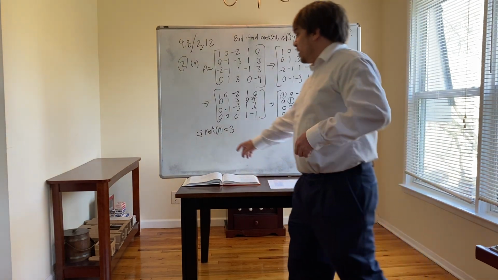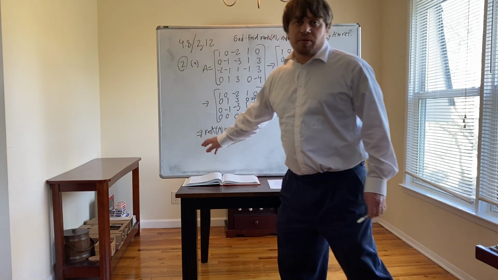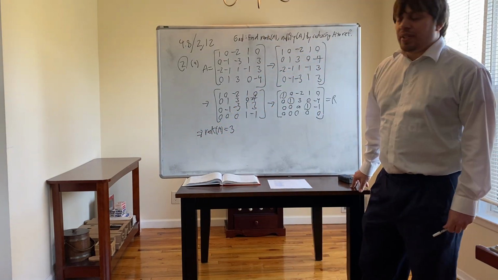The rank, right, is the shared dimension of the row space and column space of A. They have the same dimension.